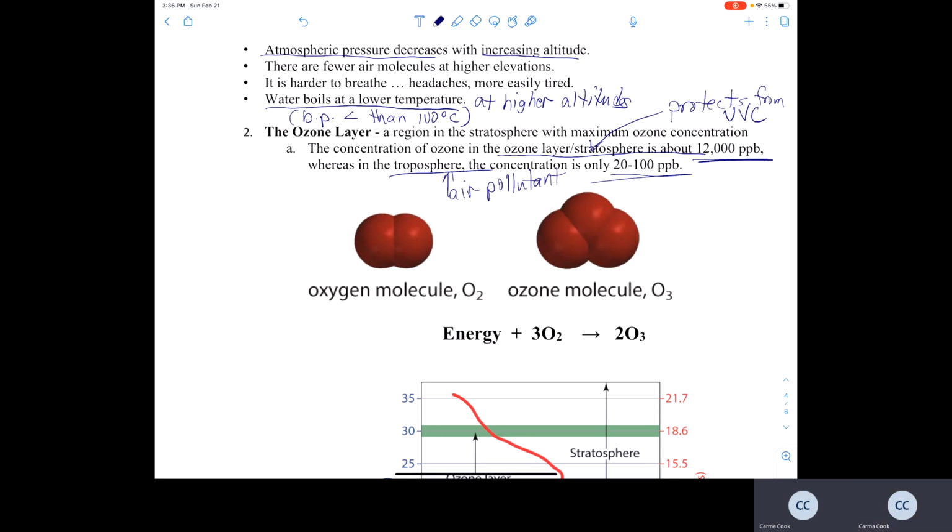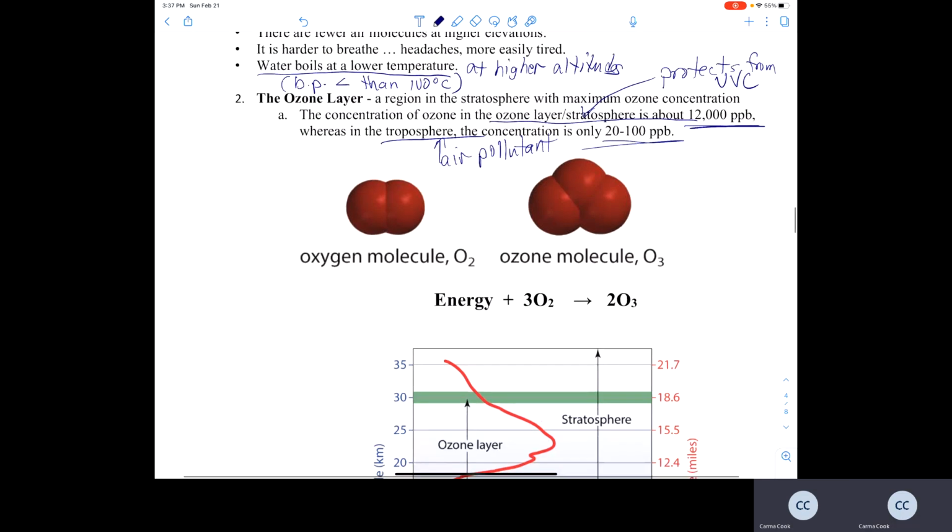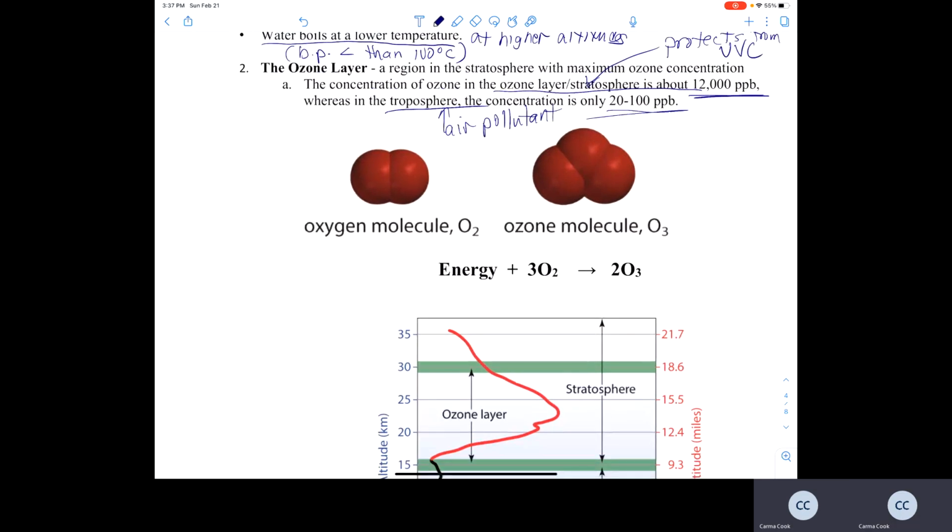And so in the stratosphere, in the ozone layer, you have a high concentration of ozone, but there's also oxygen in the stratosphere. Oxygen has the formula O2, whereas ozone has the formula O3. Ozone is produced from oxygen.